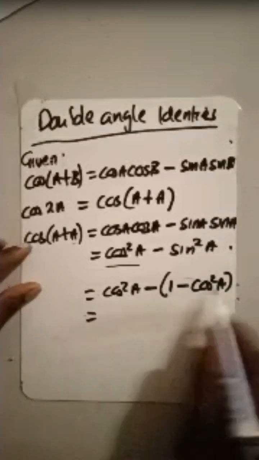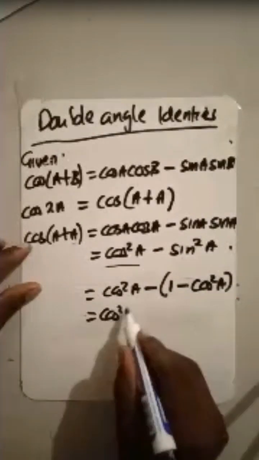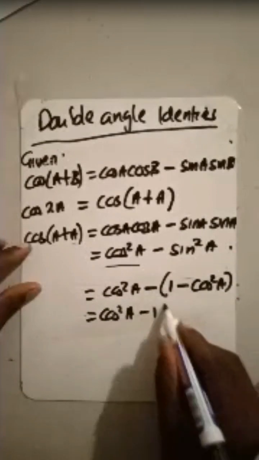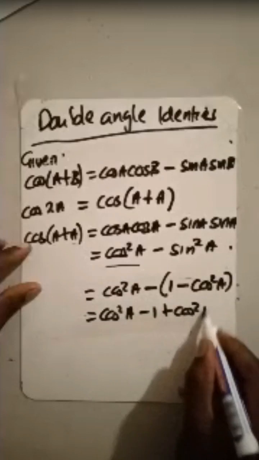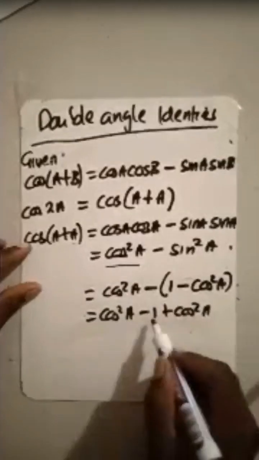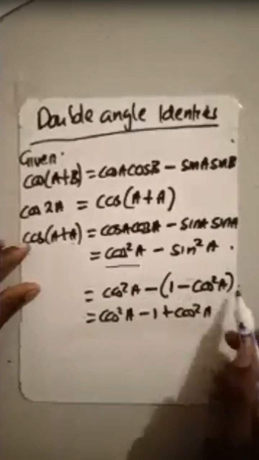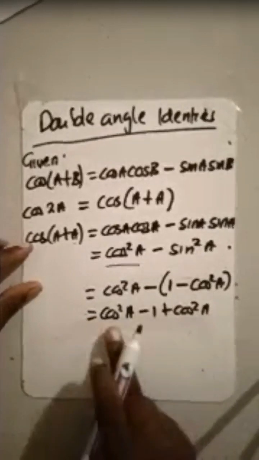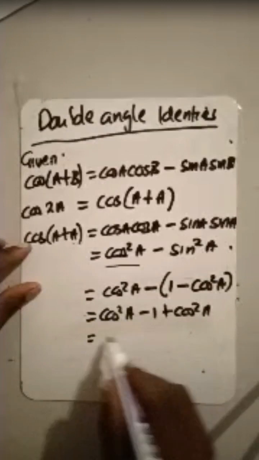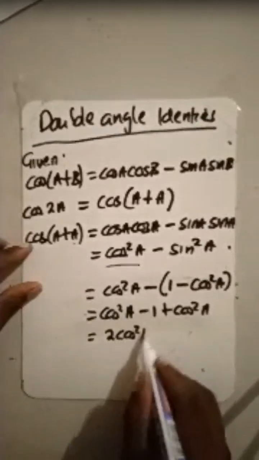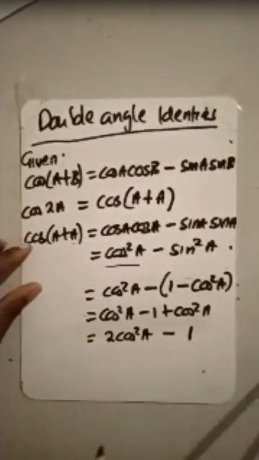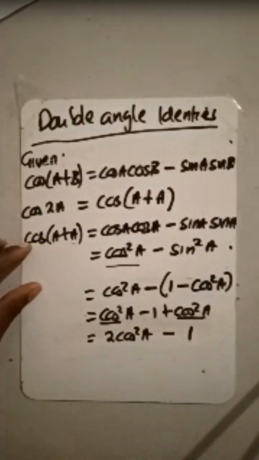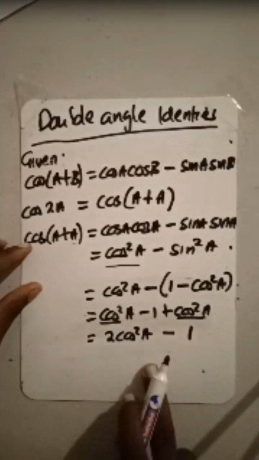So if we expand the brackets there, we have cos squared A, negative 1, positive cos squared A. Negative times negative is positive. Then if we take like terms, cos squared A plus cos squared A gives us 2 cos squared A minus 1. They are like terms. So that is the second identity.